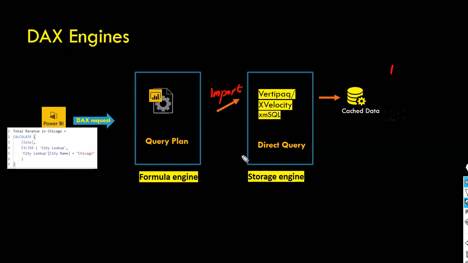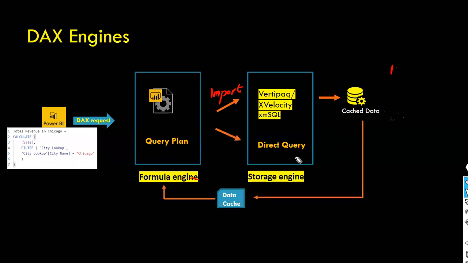Whereas in the case of direct query mode, the formula engine sends the SQL query directly to your SSMS or the database. In the case of direct query, the formula engine sends the SQL query directly to your source database.